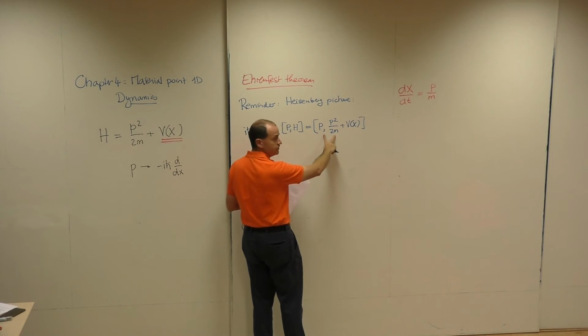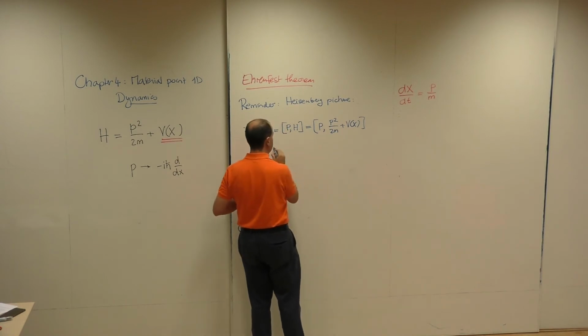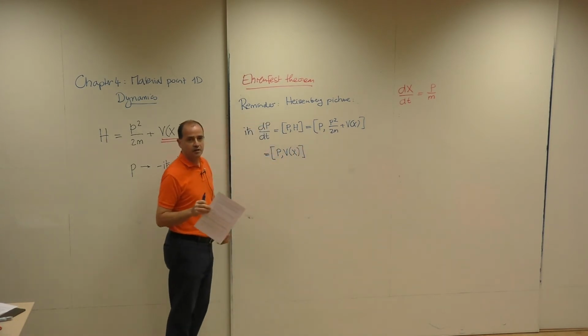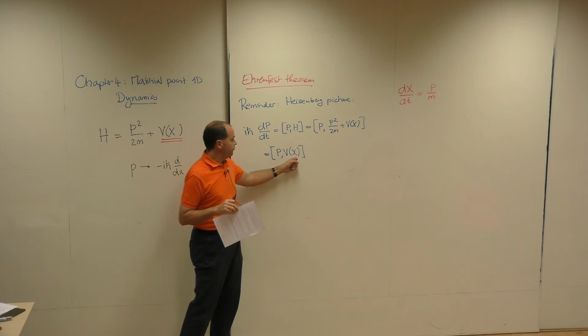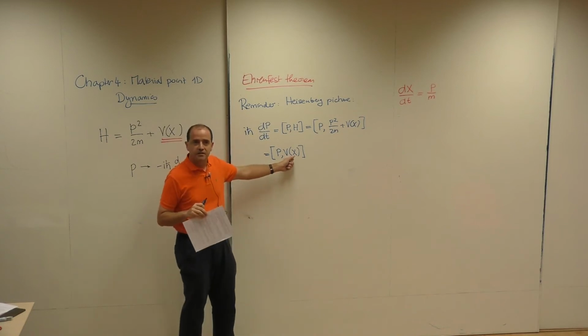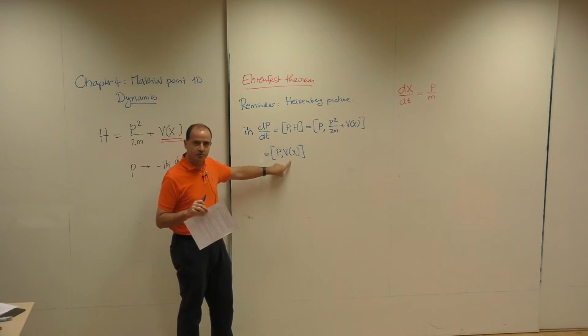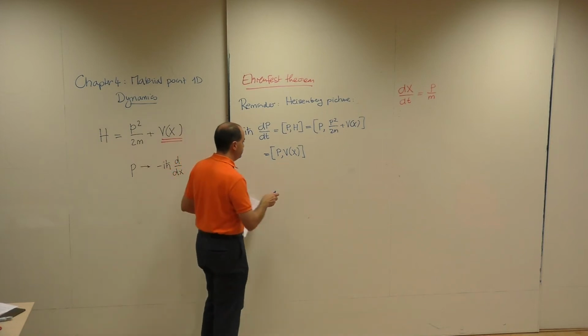These two commute, so this is equal to the commutator of p over m and V of x. Now you may think, well, now we are a bit in trouble because V of x can be absolutely anything. So how am I going to compute this commutator? I don't know what kind of function it is. But if we pass to position representation, that's not too difficult to compute. So let's go to position representation.